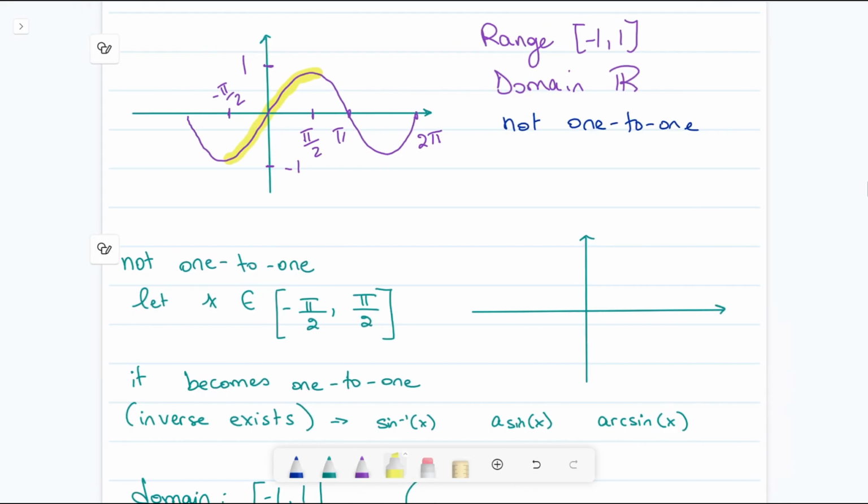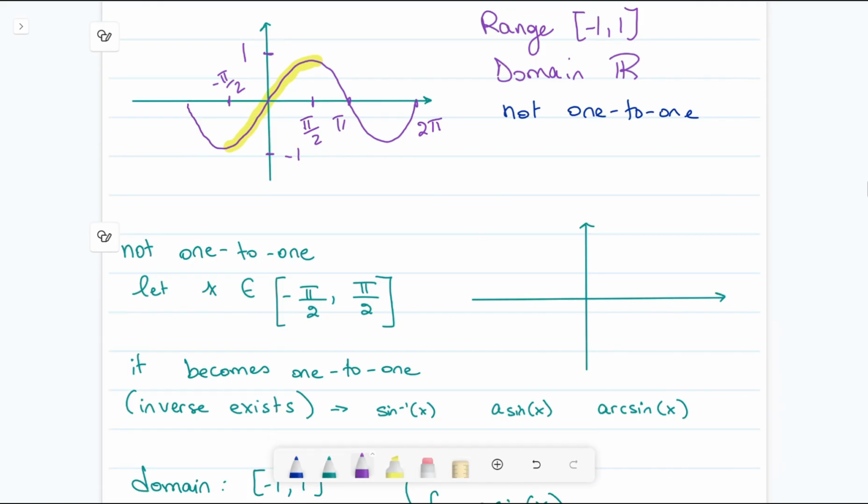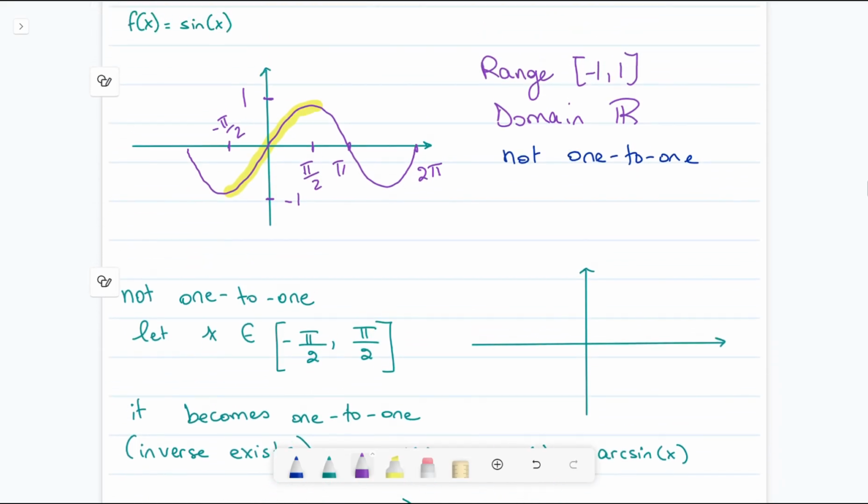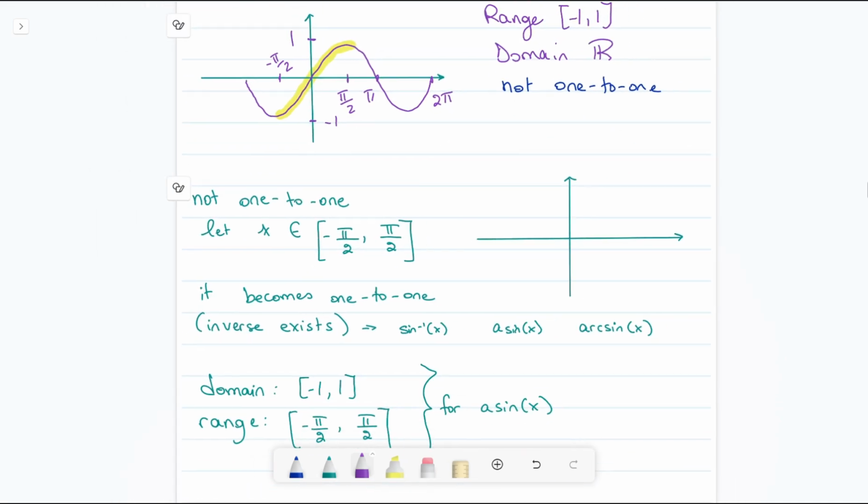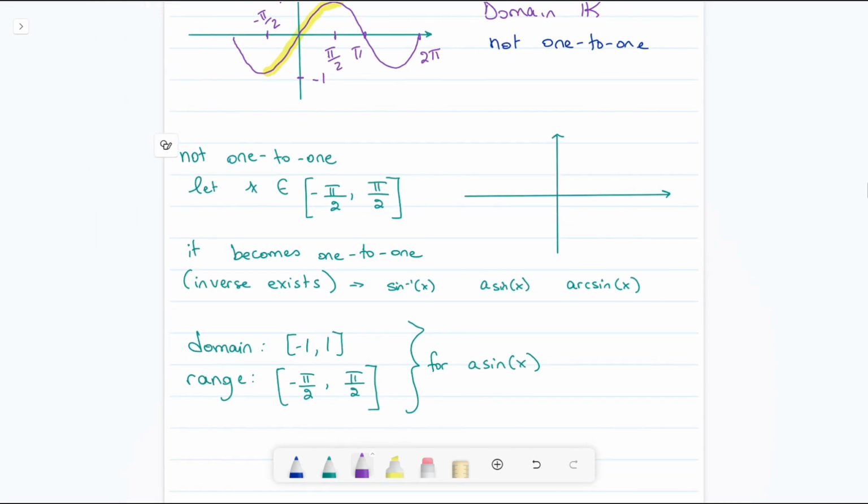And this region is 1 to 1, and therefore we will find the inverse. The inverse of sine x is arcsine x. We can write that as sin^-1 x too. This notation is the same as arcsine x, as I wrote up here. These are the three ways we can write the inverse of sine x.